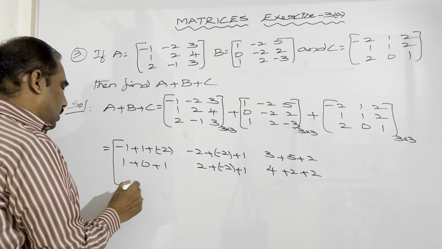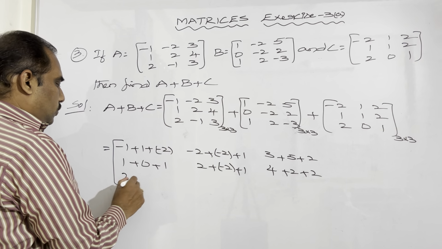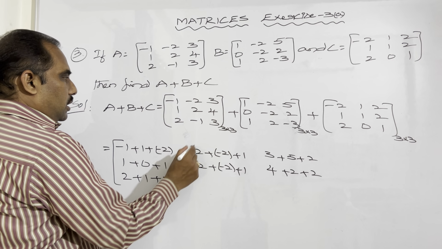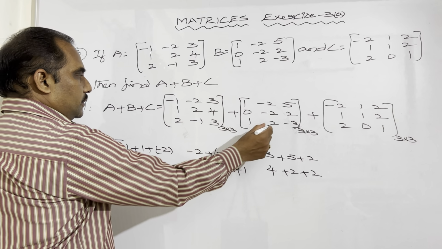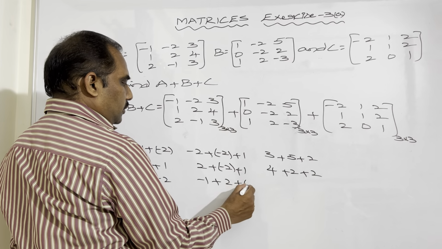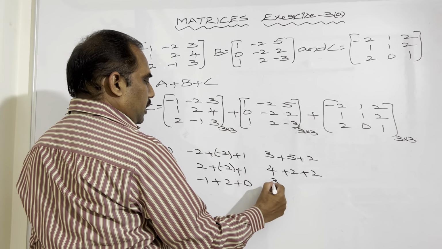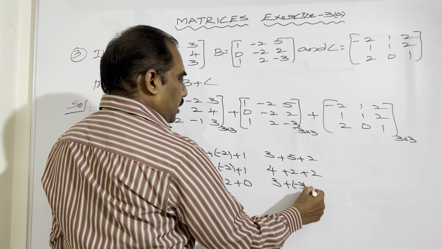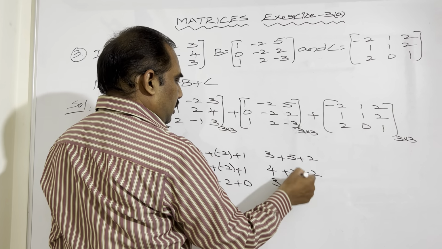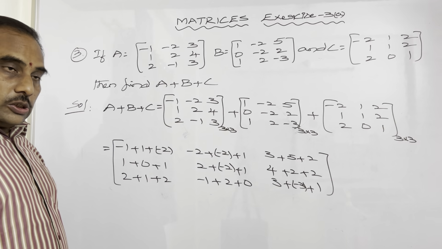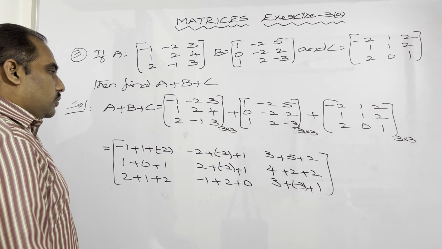Next in the third row, the first element is 2 plus 1 plus 2, the second element is minus 1 plus 2 plus 0, and the third element is 3 plus minus 3 plus 1. Like that, corresponding elements we have to add.